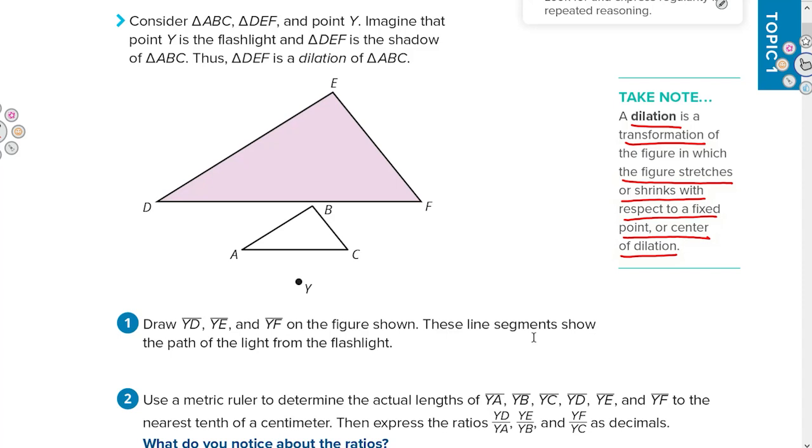To get us thinking about this, you're going to draw in with a ruler YD, YE, and YF. And I want you to measure the lengths of YA, YB, YC, YD, YE, and YF.